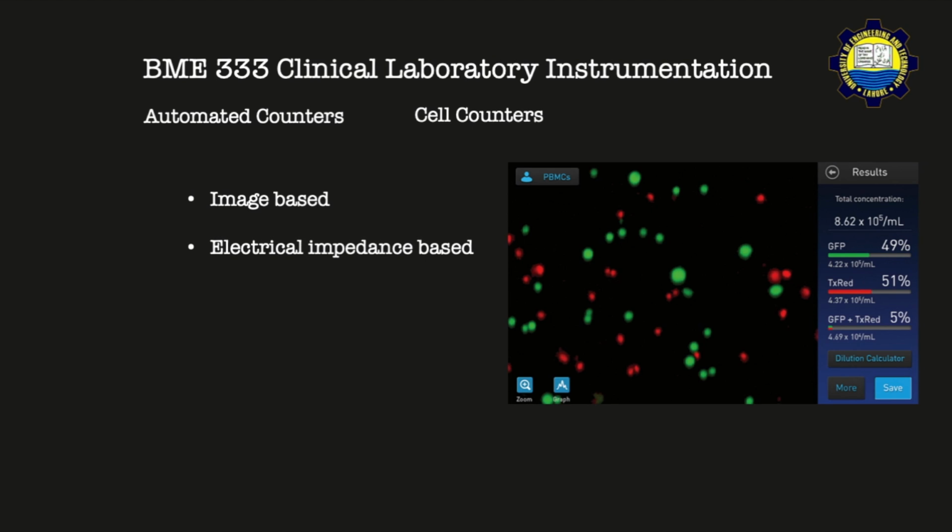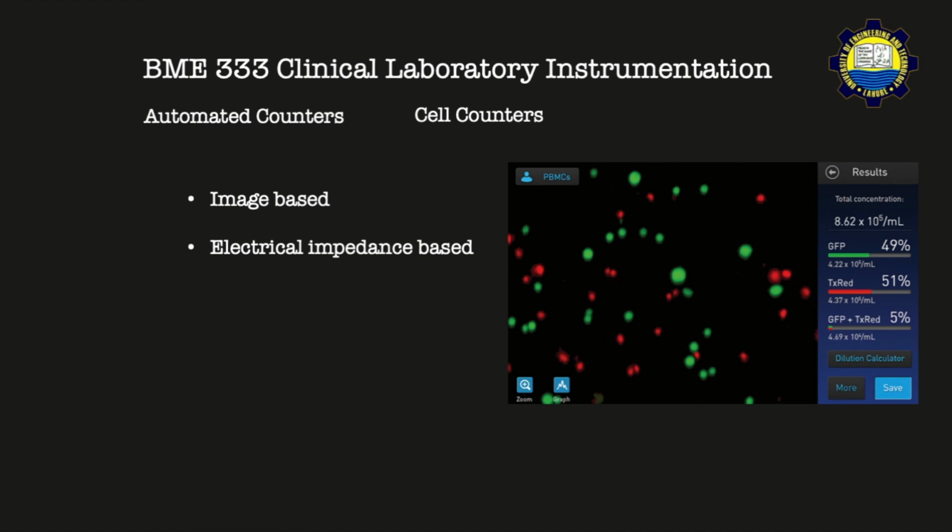The next kind of counters are electrical impedance-based counters. These are also called the Coulter counters, derived from the person who invented these. The Coulter counters are particle counters based on electrical impedance. Basically, as the sample, the liquid containing the cells, is drawn through a small opening, as it moves through a small aperture, it's going to cause a change in the electrical impedance of that aperture.